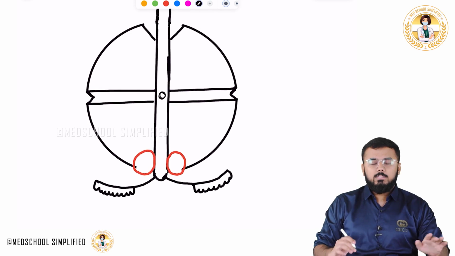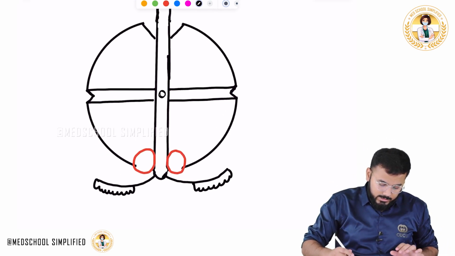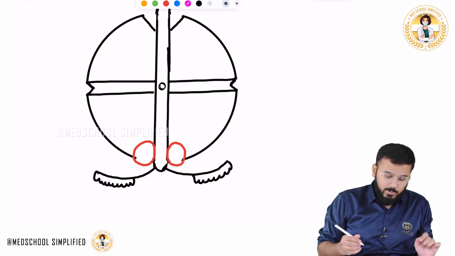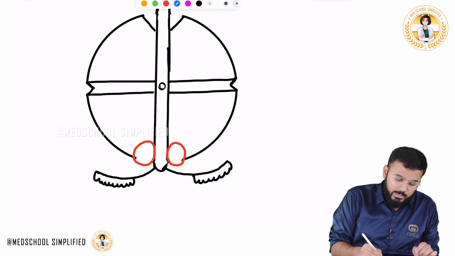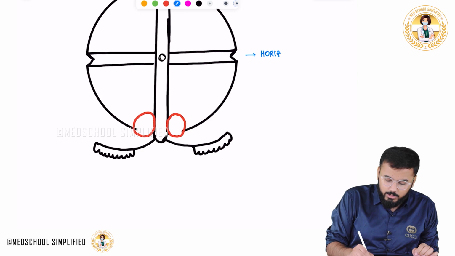Yeah. So this completes the picture. Now what are the important things which you need to know? This center part, whatever I have drawn here, is called your vermis. And the next important thing, this part over here is called your horizontal fissure.